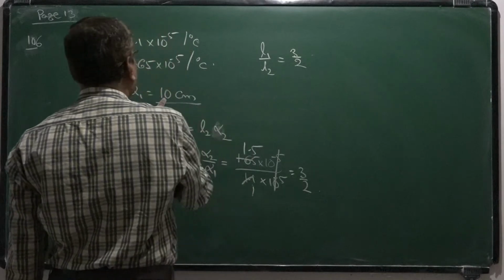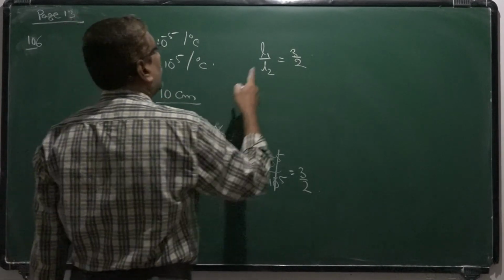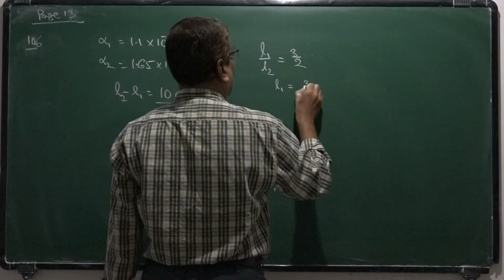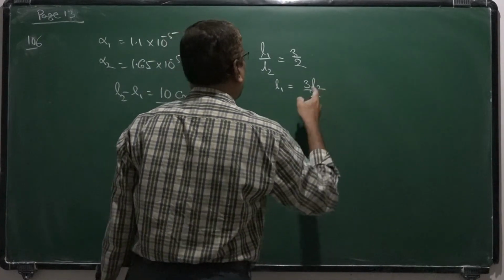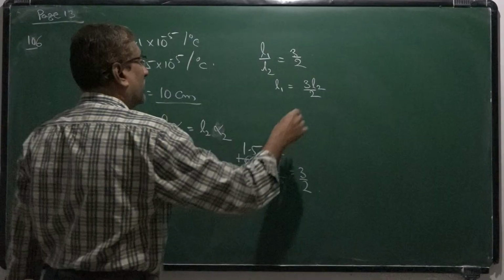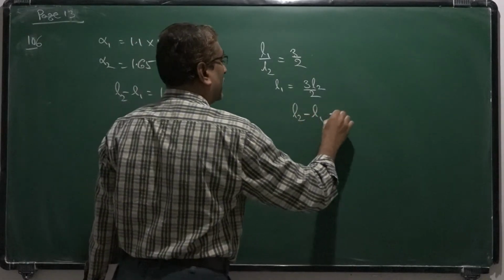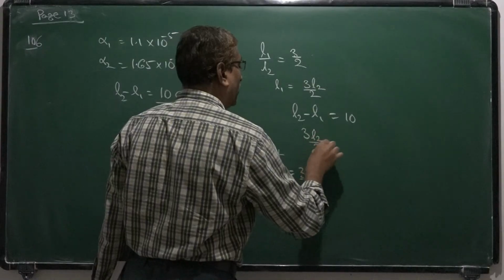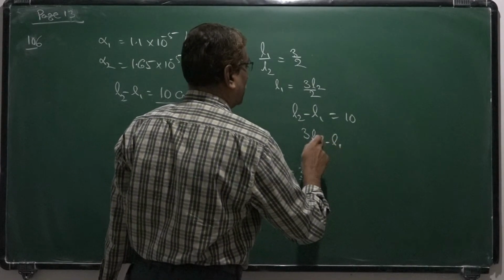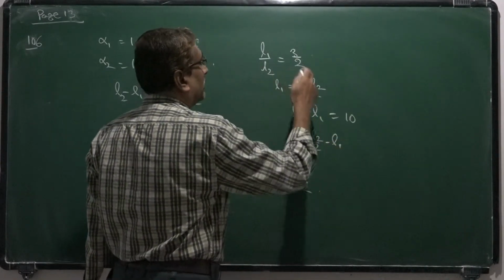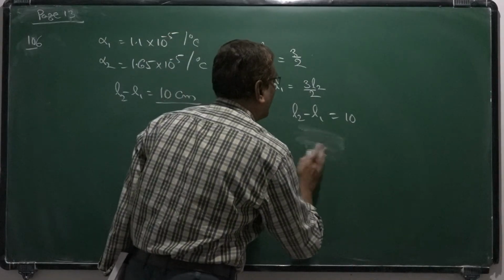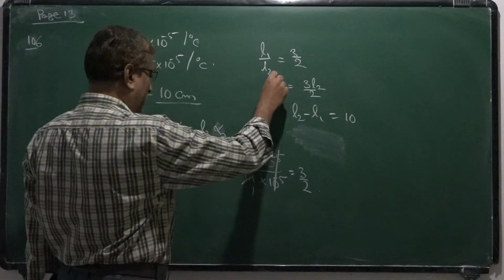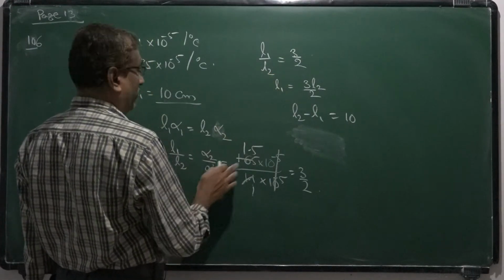So, the difference at any temperature is 10 only. So, from this L1 is equal to 3L2 by 2. Now, substituting in this equation L2 minus L1 is 10. So, L1 by L2 is alpha 2 by alpha 1.